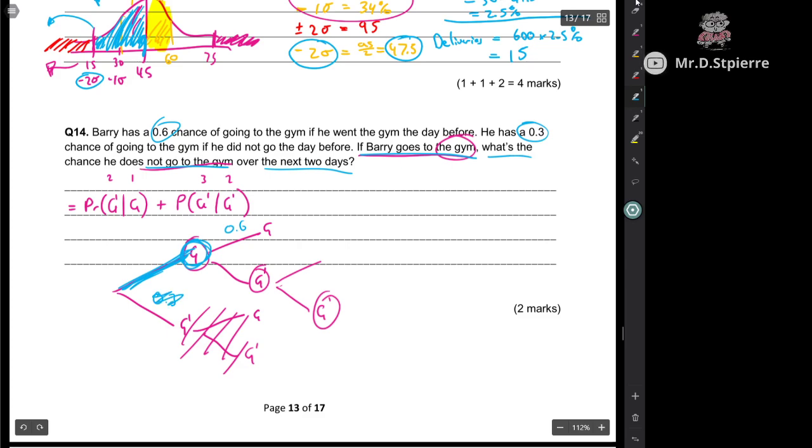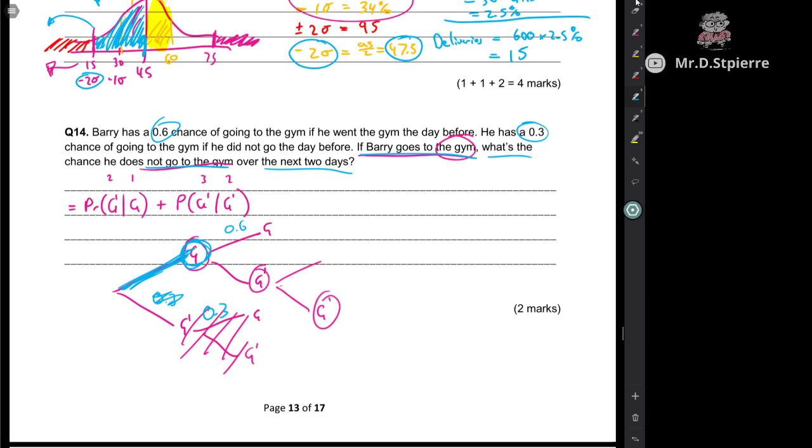Well, no. Oh, no, I've made one mistake. Let me just reread this, get it straight in my head. He has a 0.3 chance of going to the gym if he did not go the day before, so that's a 0.3 down here.